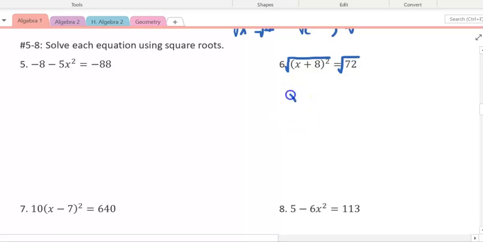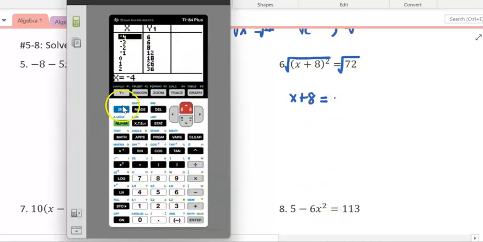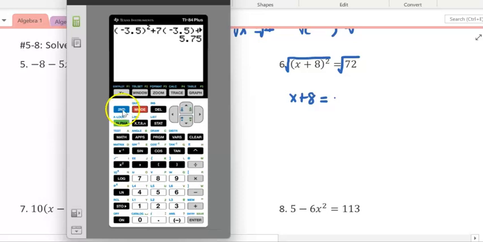All right, and so I have x plus 8 equals, now the square root of 72 is a decimal. I'm just going to leave it for right now as, let's just look it up. I could also simplify it in simplest form, but they told me at the top to do it to the nearest hundredth, I think.